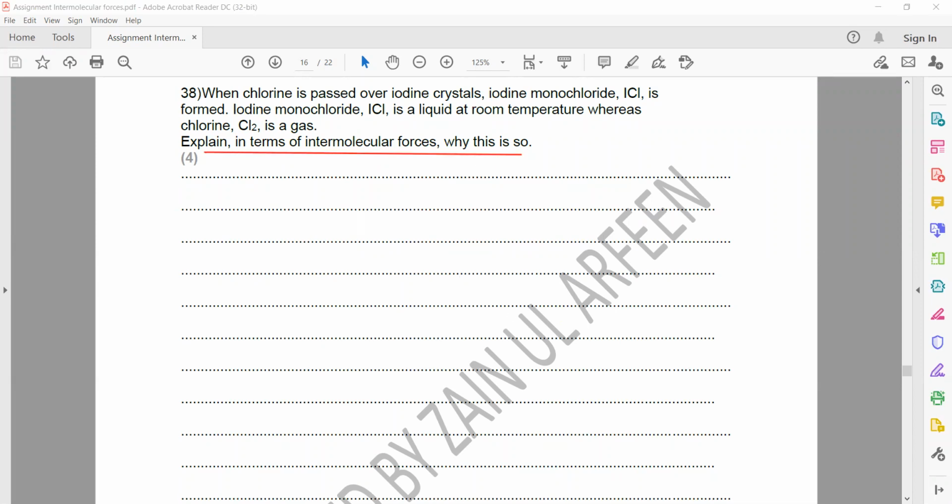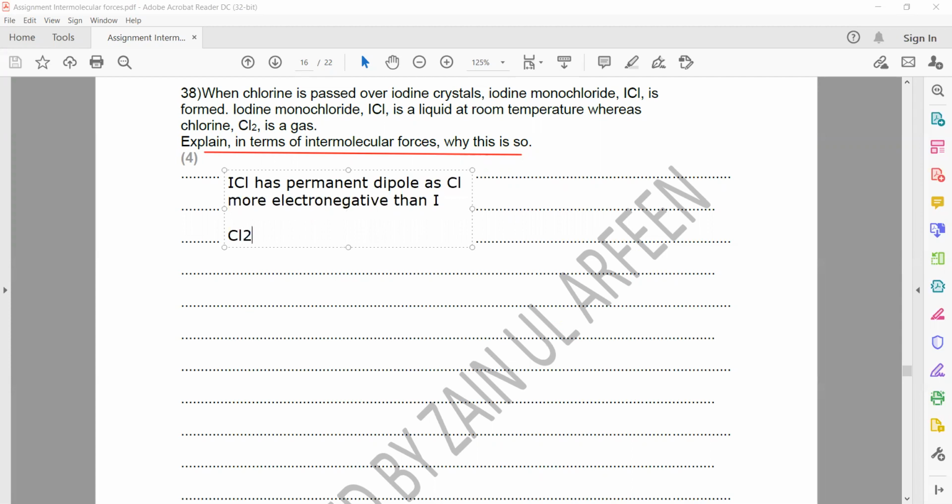So in the case of ICl, it will have dipole-induced dipole forces, but the major force will be permanent dipole, as chlorine is more electronegative than iodine.